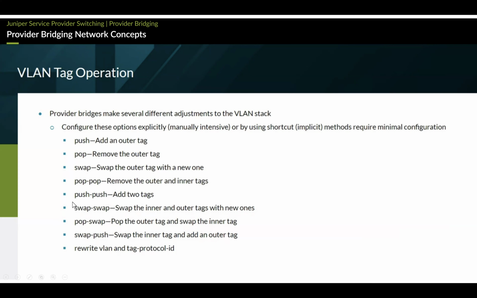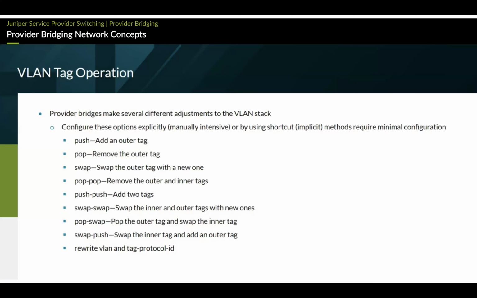So the actions are push, pop, swap, and the last one is rewrite. Push means add an outer tag. That means you are taking the inner VLAN, which is coming from the customer, and you are providing the VLAN towards the customer. So this is the inner VLAN.